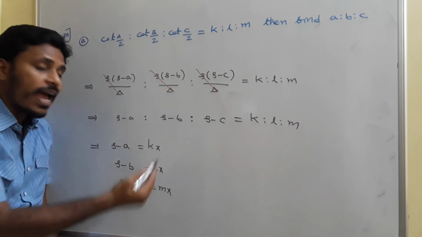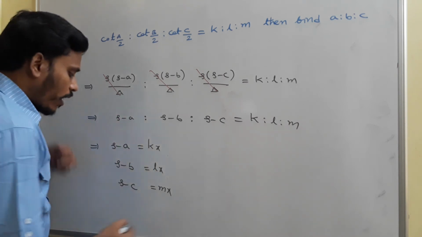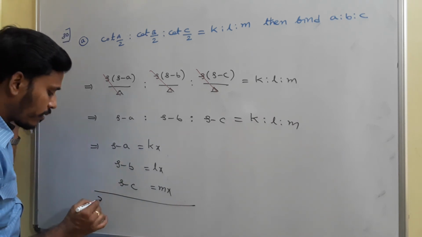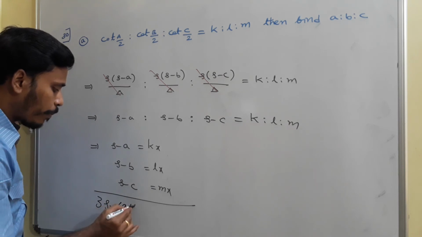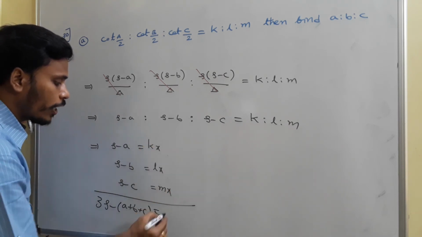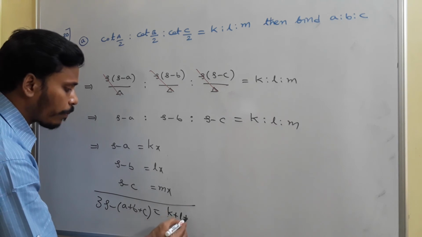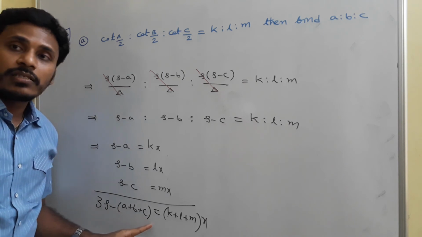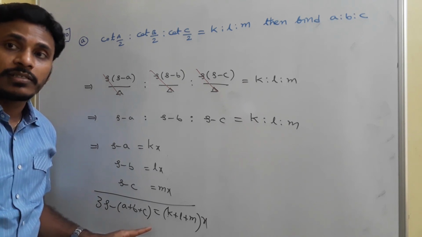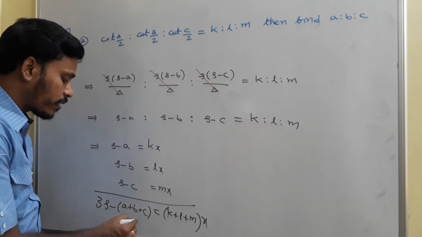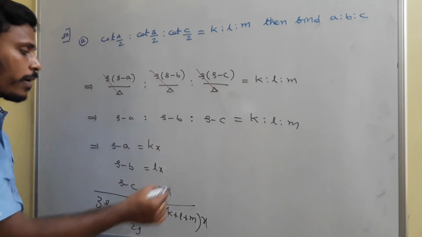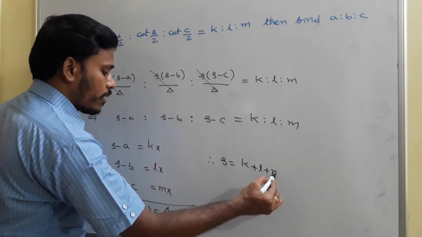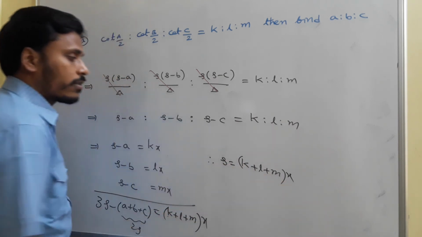Now you just add these. On this side S, S, S, 3S minus A plus B plus C equals K plus L plus M times X. A plus B plus C is 2S, since the semi-perimeter is A plus B plus C by 2. 3S minus 2S is S. Therefore, S equals K plus L plus M into X.